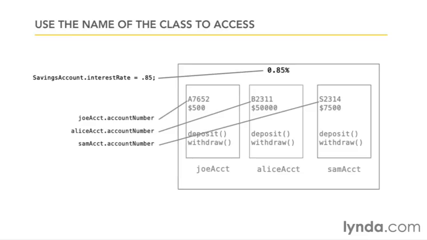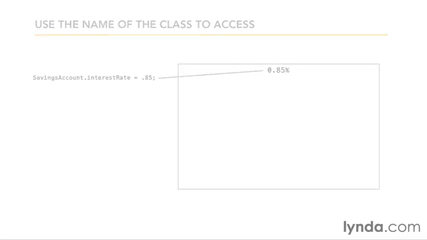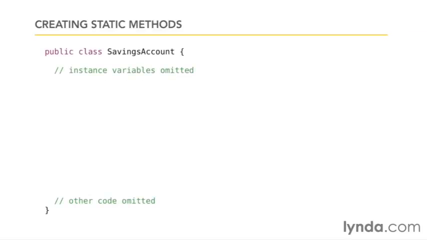Because it's accessed using the class name, it doesn't matter if you have one object, 10,000 objects, or even no objects at all. Even if you haven't instantiated any objects from this class yet, you can still use any variables defined as static. So we could set the interest rate for this class before creating any objects of this class. We can also create static methods that exist at the class level, not at any instance level.